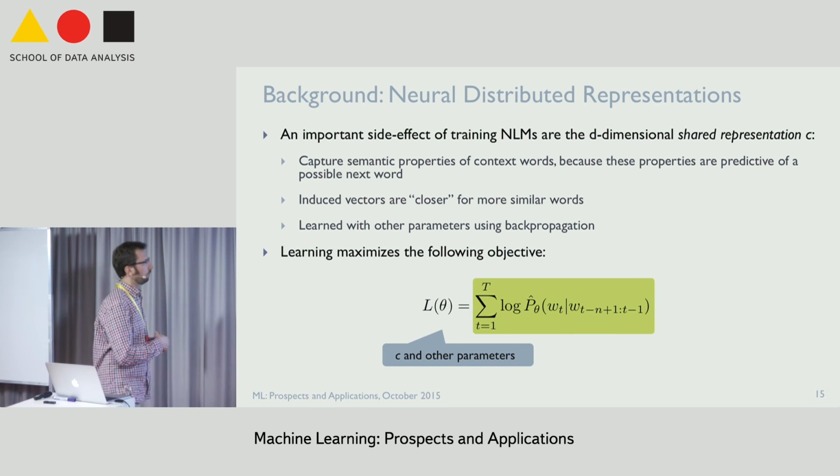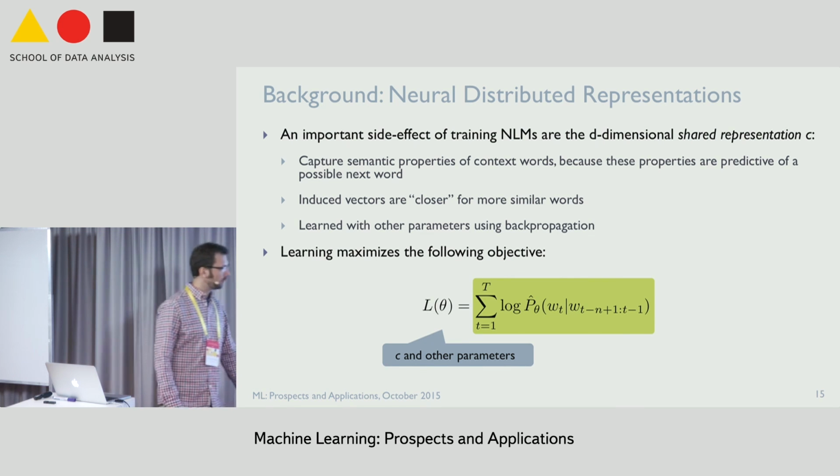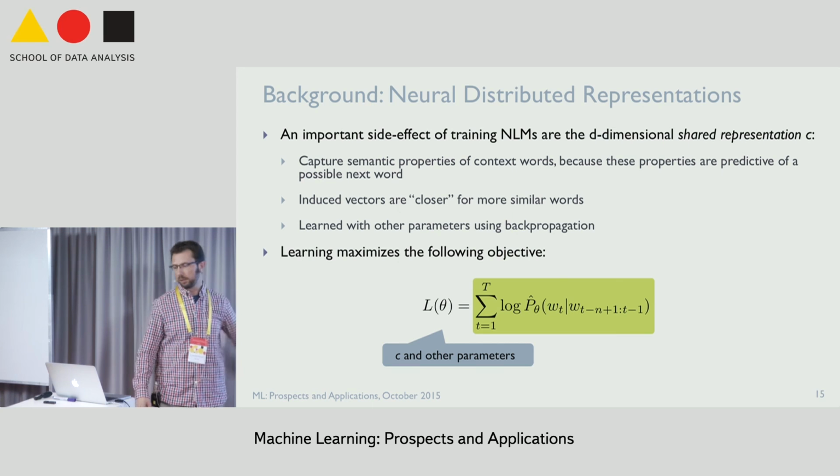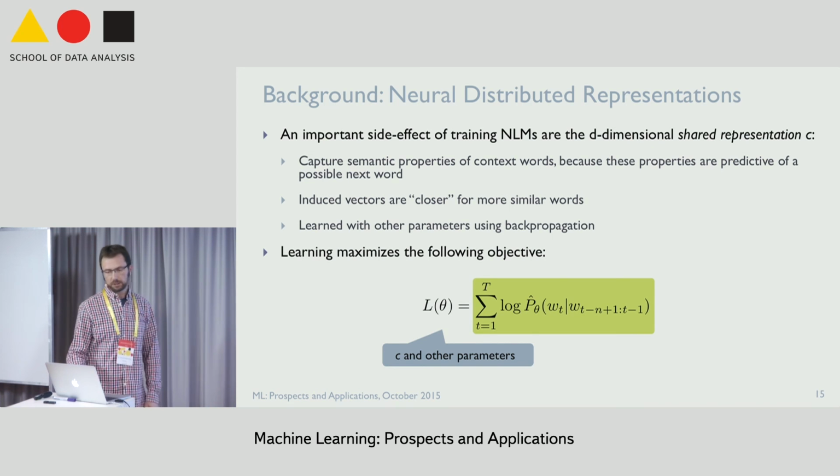And so the important part is that the embedded representation C is learned as part of the backprop, and the learning maximizes the standard language modeling objective. So you're basically trying to estimate C together with the rest of the parameters of the network using the standard objective here.